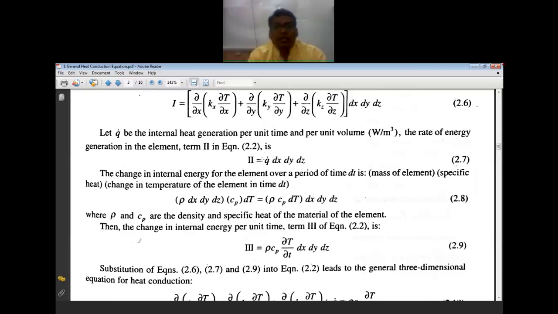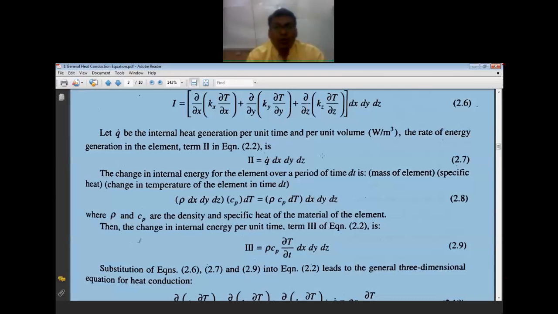So here for the second term, I have to manipulate the units as watts only. But Q dash is nothing but the internal heat generation per unit time per unit volume. Per unit time, that is joules per second heat generation. So that is why Q dash is multiplied by dx, dy and dz, the volume in meter cube. So units will be the watt only here.